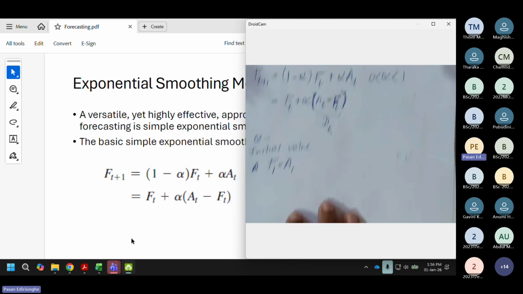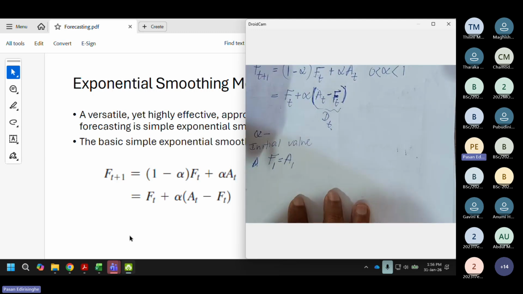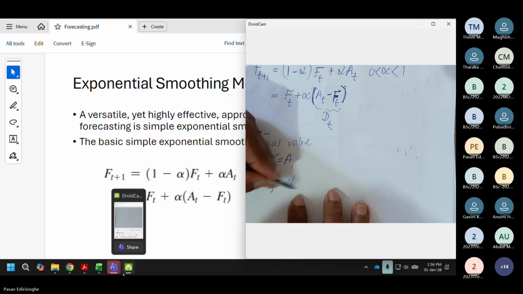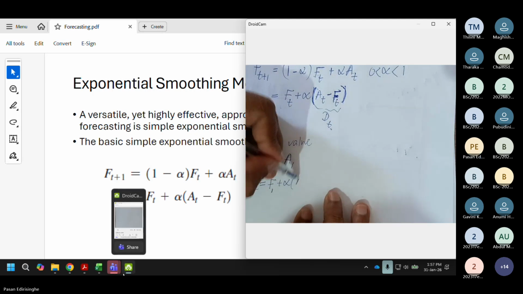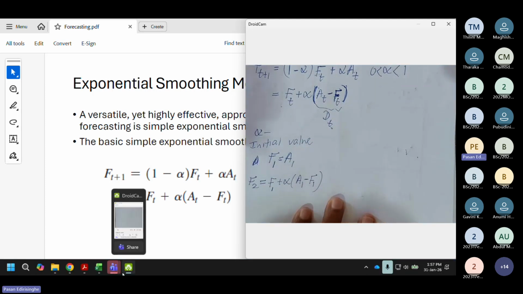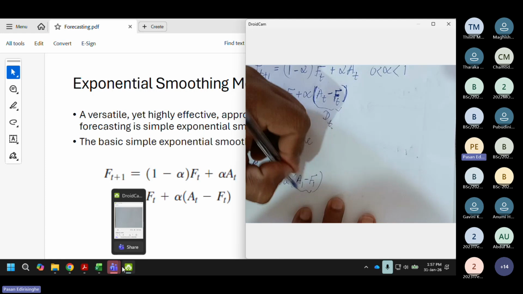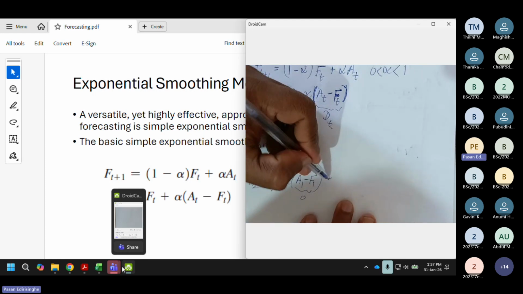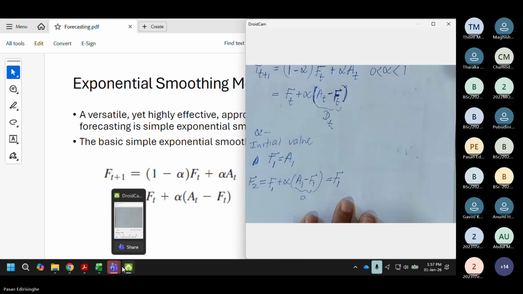Right? So therefore, with that, if you look at F2, it is going to be F1 plus alpha times this one, right? And then A1 and F1 are both in this case the same. So therefore, this is going to be equal to F1. So F2 is equal to F1, right?